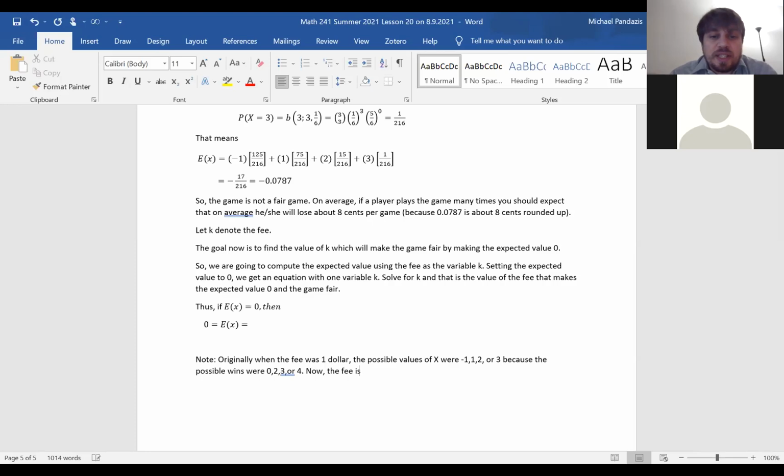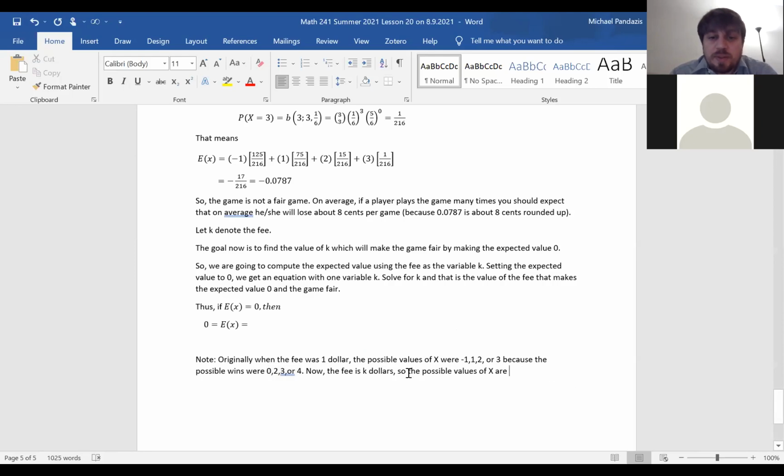Now, the fee is K dollars. So the possible values of capital X, the possible net gains, are now, well, the possible wins are still 0, 2, 3, or 4, but the amount you paid is now variable K. So you're going to subtract K from each of those win totals.